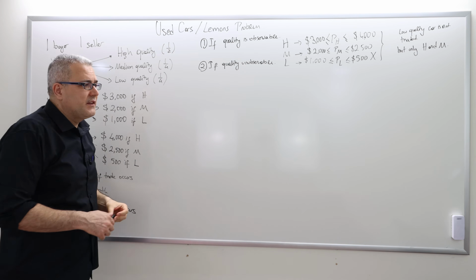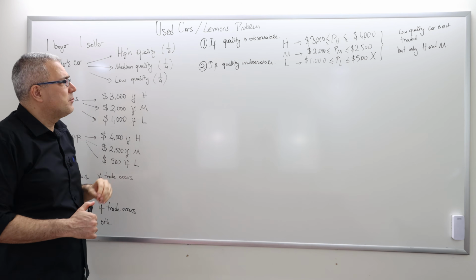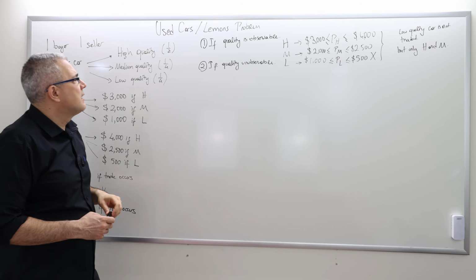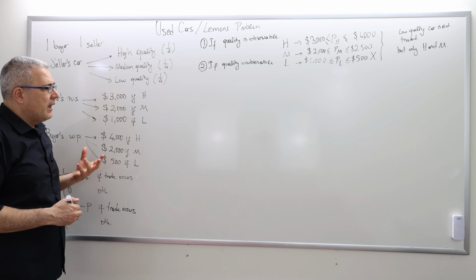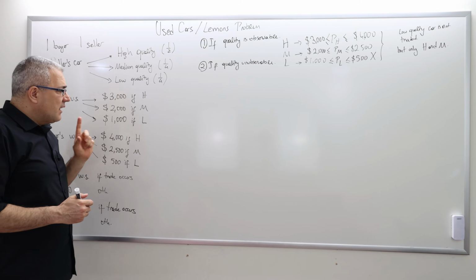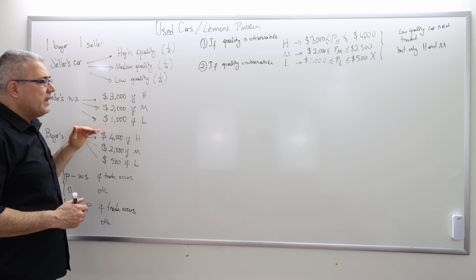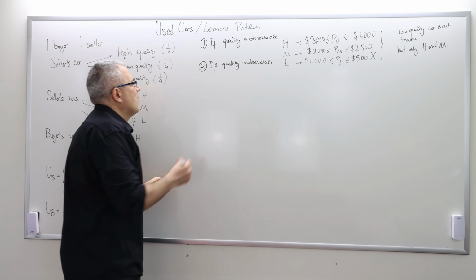Well, the interesting case is, what if the quality of the car is not observable by the buyer? Well, in that case, because he's facing an uncertainty, we have to calculate the buyer's expected willingness to pay. All right?